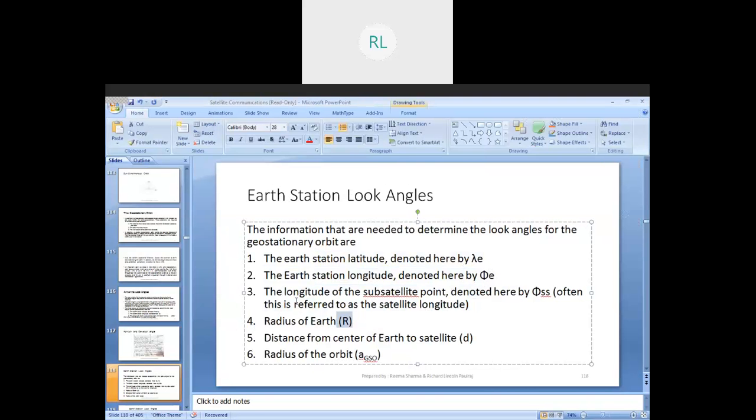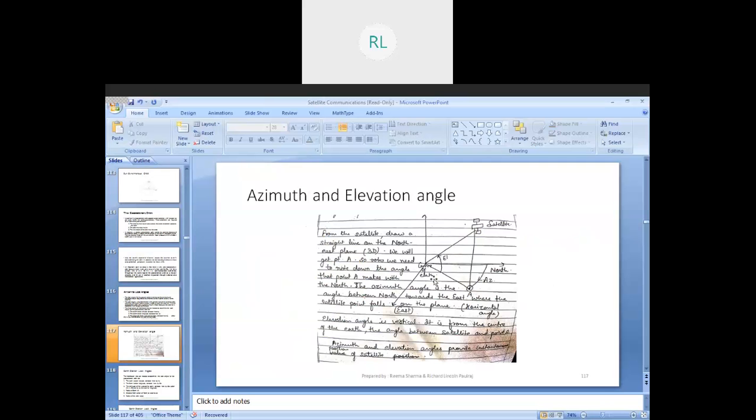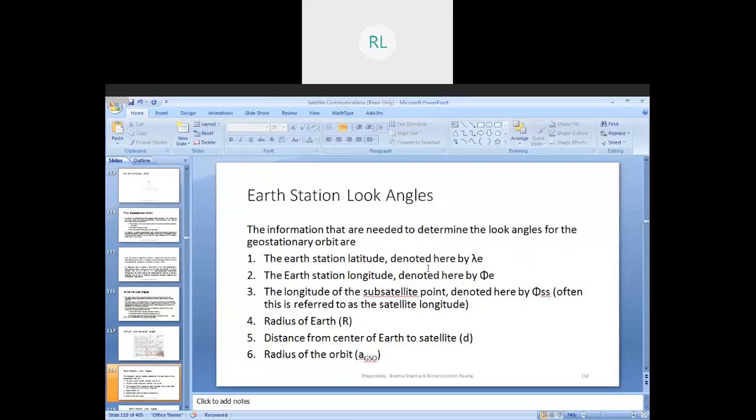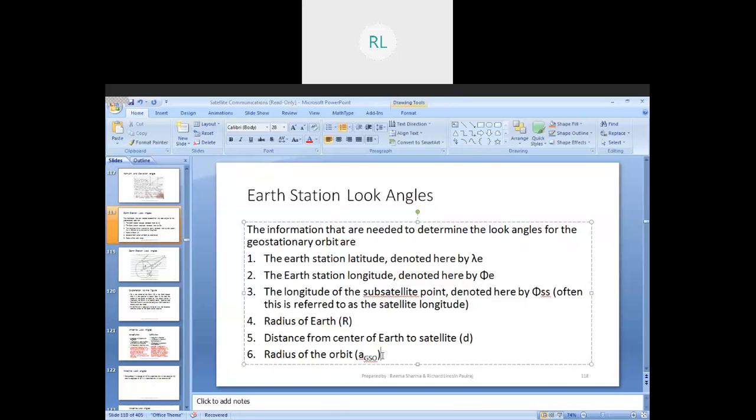And you will have the distance from the center of the earth called d. Of course, I'll be showing that in the other diagram. And then you'll be having the radius of the orbit, which is the geostationary orbit, with radius a. So all these are the important parameters for your look angles.